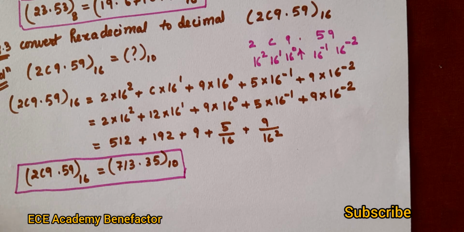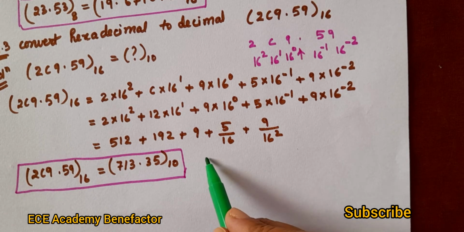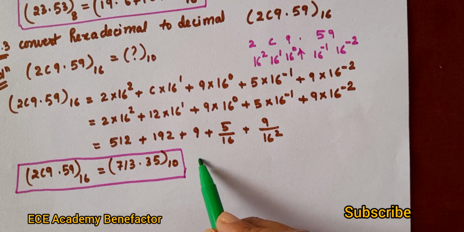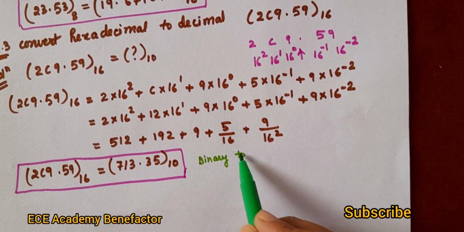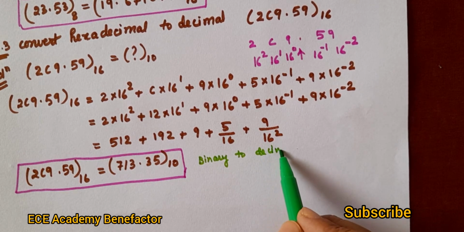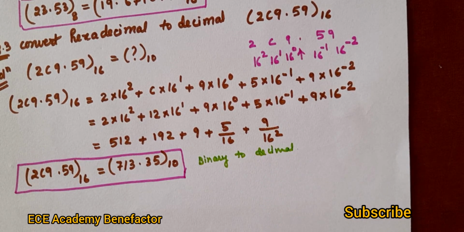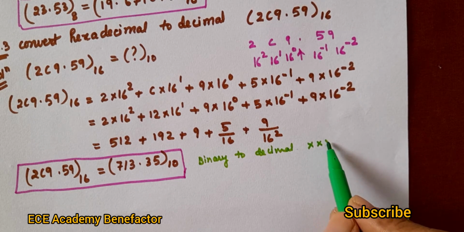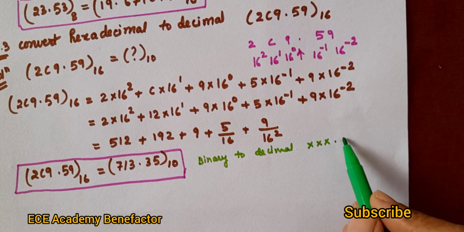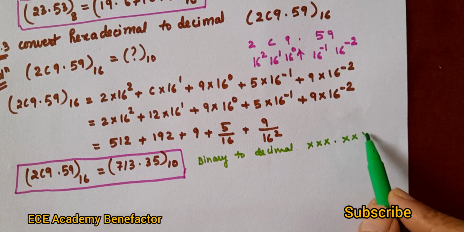So in all the three conversions, the concept is the same. Let us do the summary of the work we have done. If you are doing binary to decimal, let some binary number be given like this.